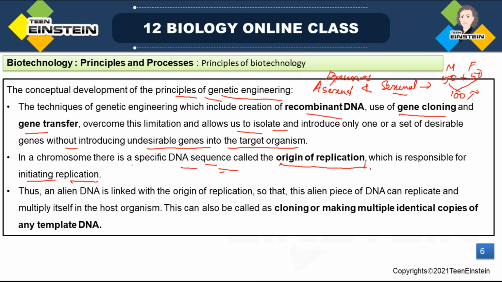Otherwise, without an origin of replication, it can't replicate or be transferred into the next generation. So when it is linked with the origin of replication, that alien piece can replicate and multiply along with the host genetic material, along with the host genome.